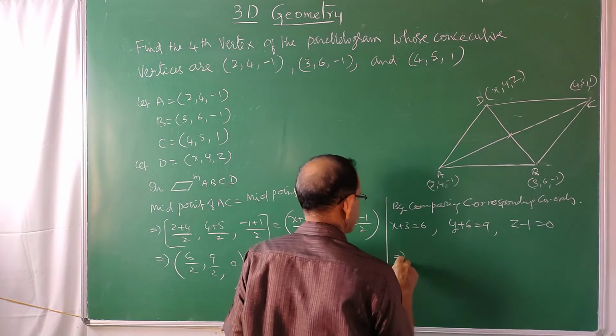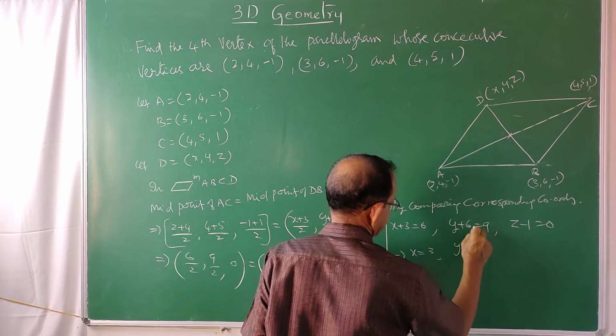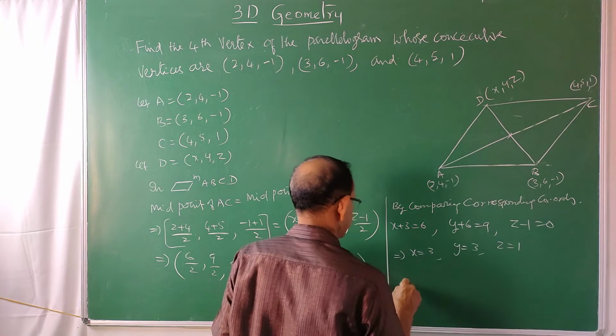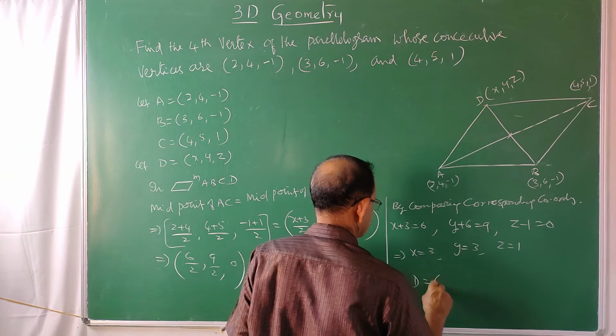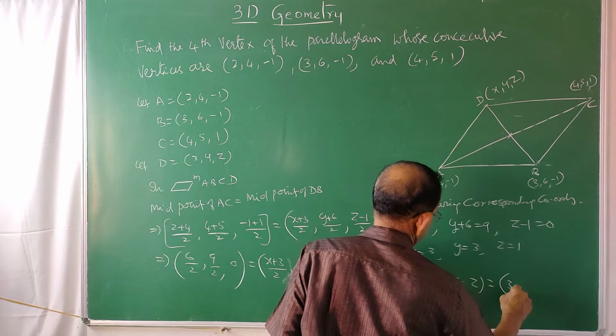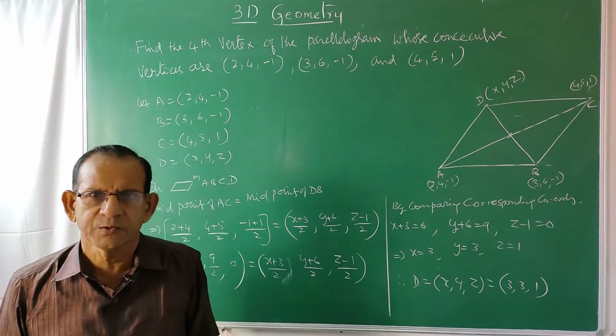From this, x is equal to 6 minus 3, 3, y is equal to 9 minus 6, 3 and z is equal to 1. Therefore, the fourth vertex D is equal to x, y, z that is equal to 3, 3, 1. Like that you have to find out the fourth vertex.